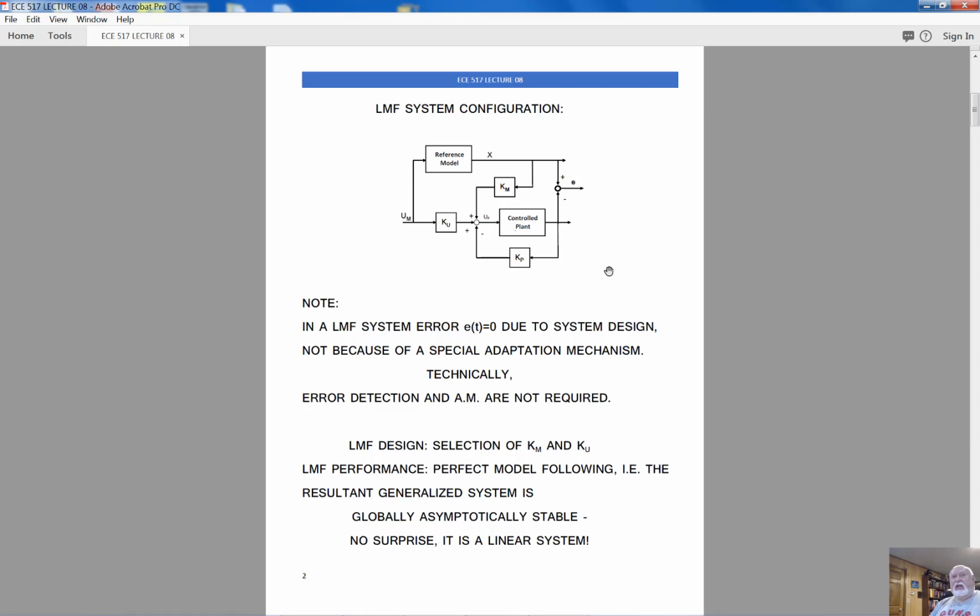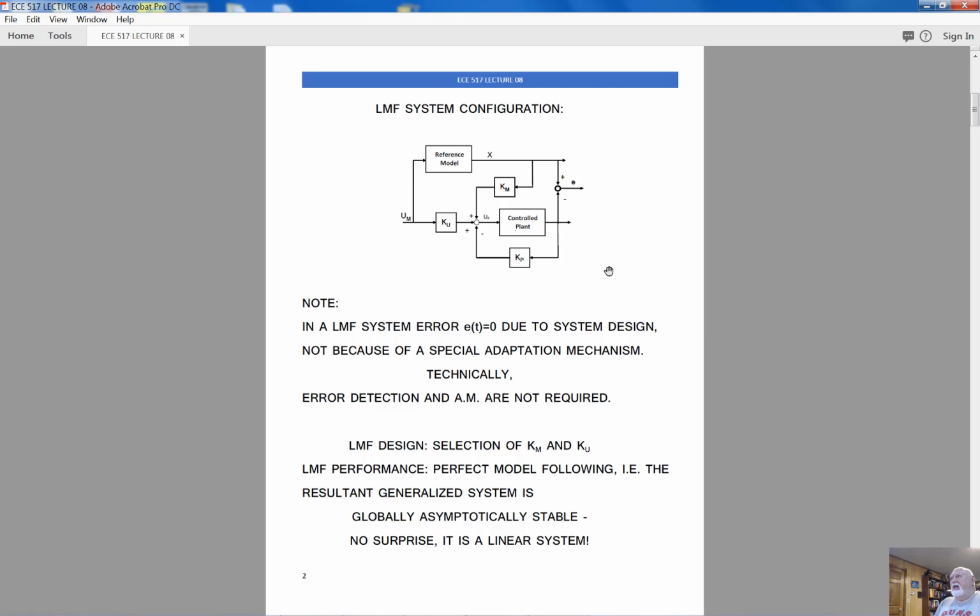I was told, I'm not sure whether it is an anecdote or a real situation, that it is possible, and it was done more than once, to introduce a reference model that represents dynamics of B52 and create a linear model following system that would force a light aircraft to have the same dynamics as B52.